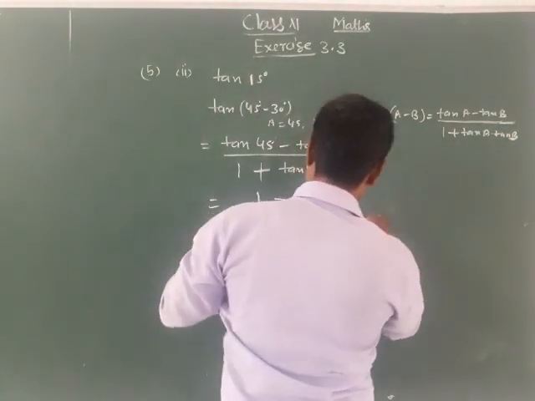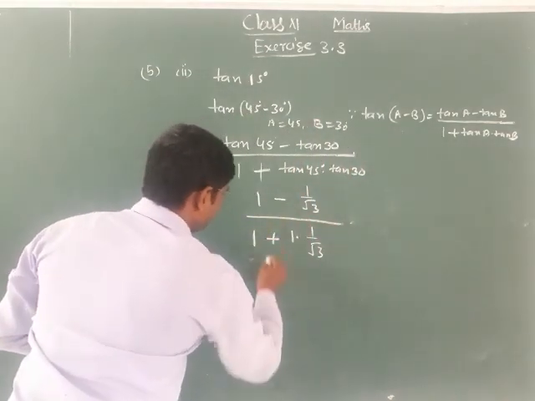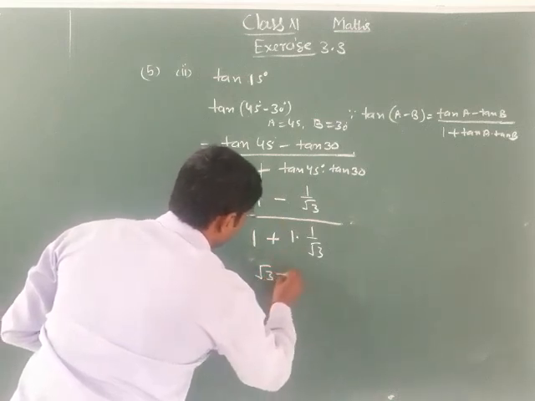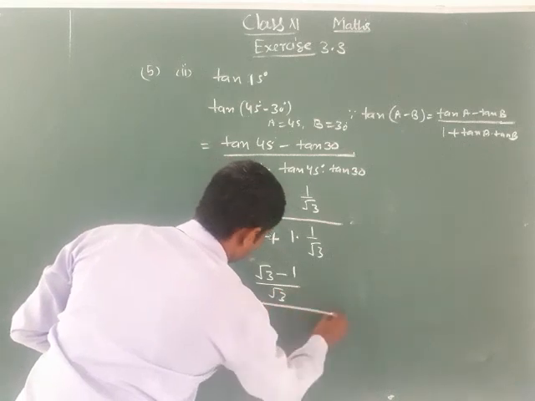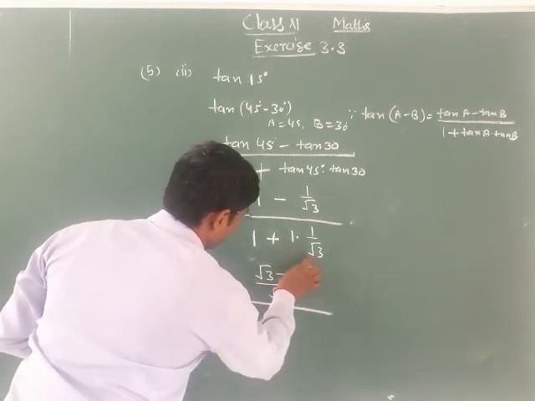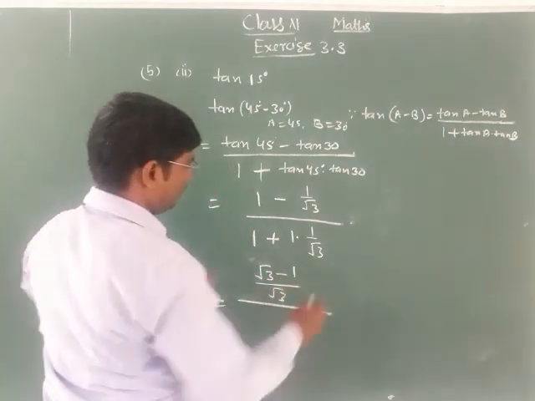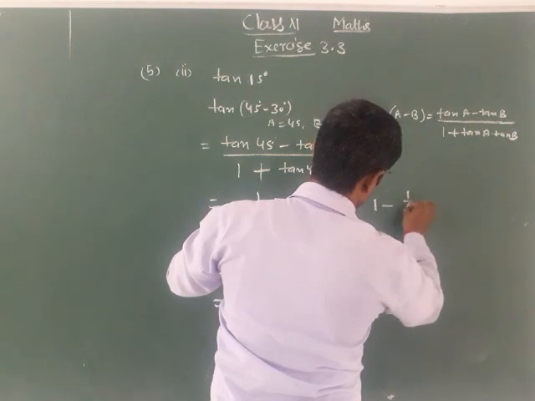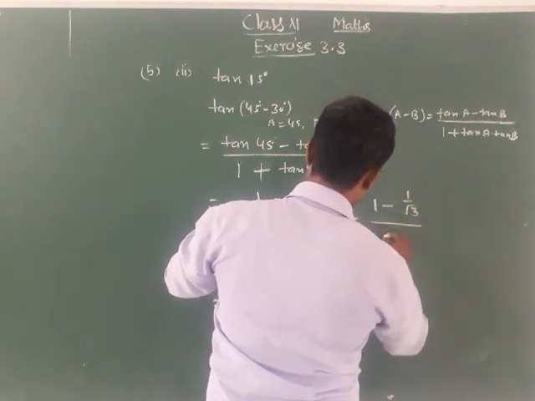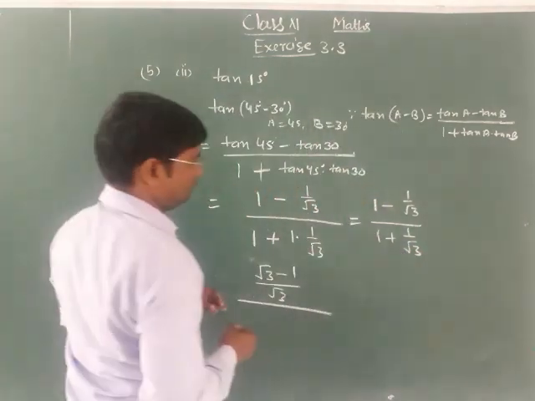Taking the LCM, we can write 1 minus 1 upon root 3 upon 1 plus 1 upon root 3.